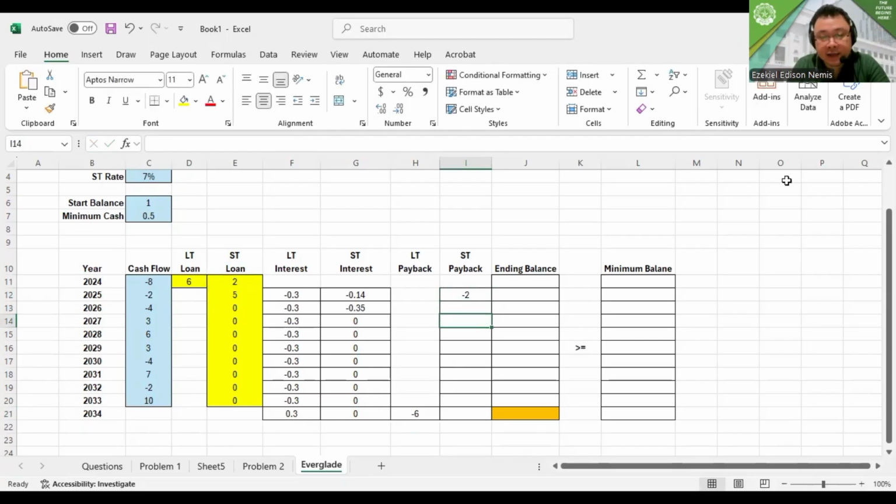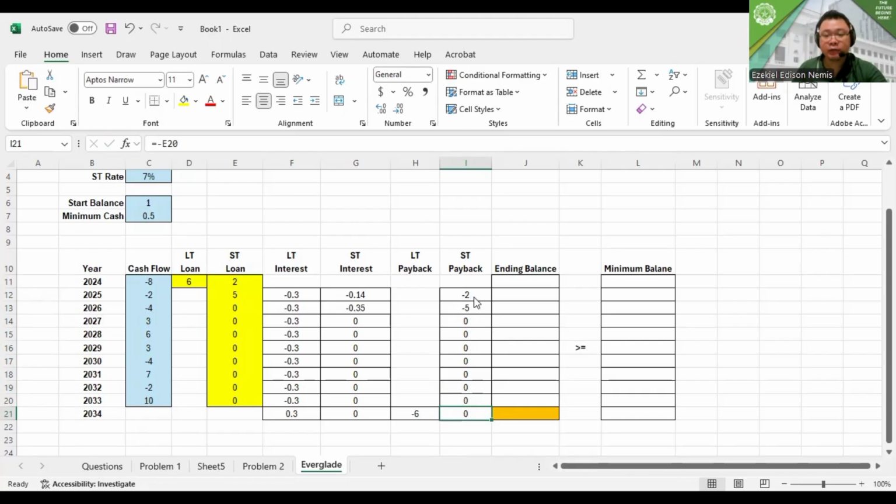Or you can simply, paano ito, equals, put negative, click on this one, then enter. So to make it faster, you can always drag it down. Yan. Do not be confused, like what I said. Okay, we are still putting up the data. So now we have the short-term payback. All right, we are almost done. We are almost complete with the data.